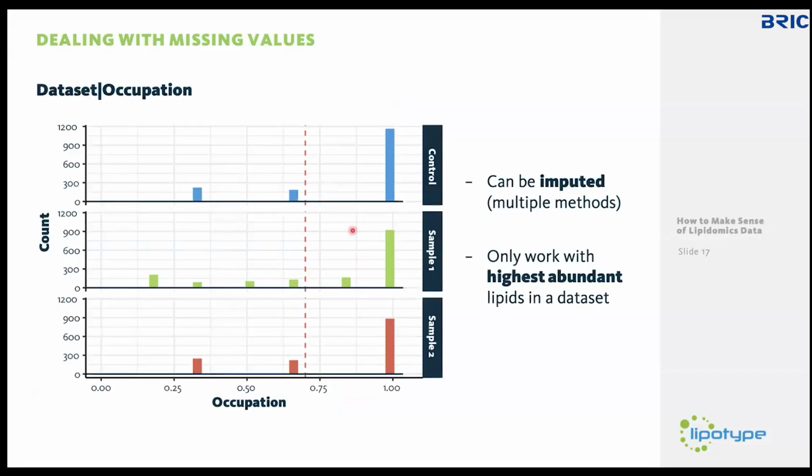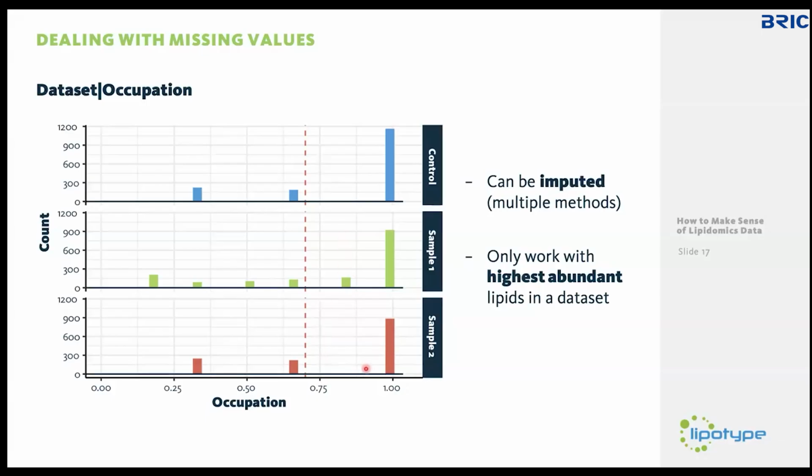The other thing you can do, and most people in the field do, is work only with the highest abundant lipids in the data set. If you have the occupation down here, where these lipids have been measured in every sample and these have been measured in only a few samples, then what people usually do is accept about 30 to 20% of NAs.